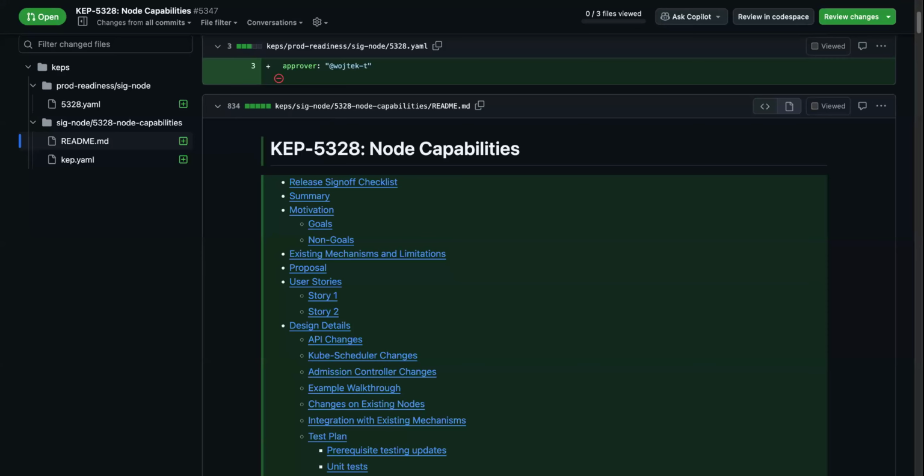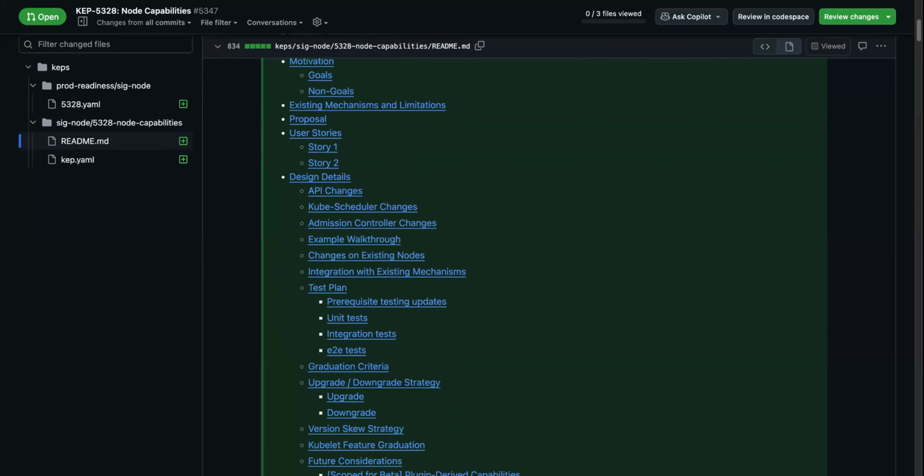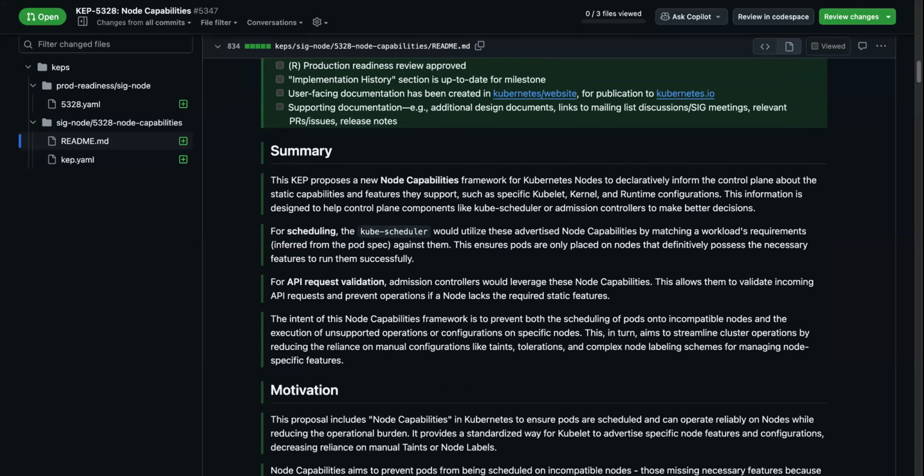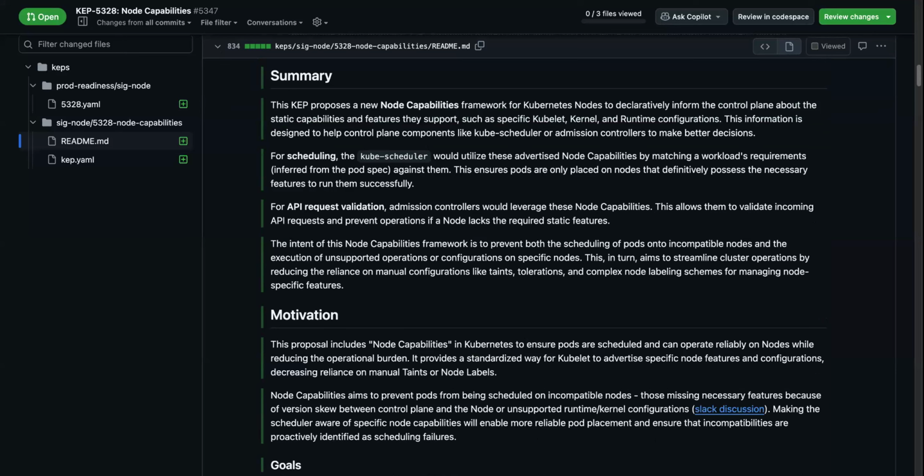So this is the node capabilities KEP, and the problem that we are trying to solve here is that currently there is no good way for the scheduler to understand what features are enabled on the node. It could be kernel or kubelet or runtime features, or it could even be plugins and things like that.